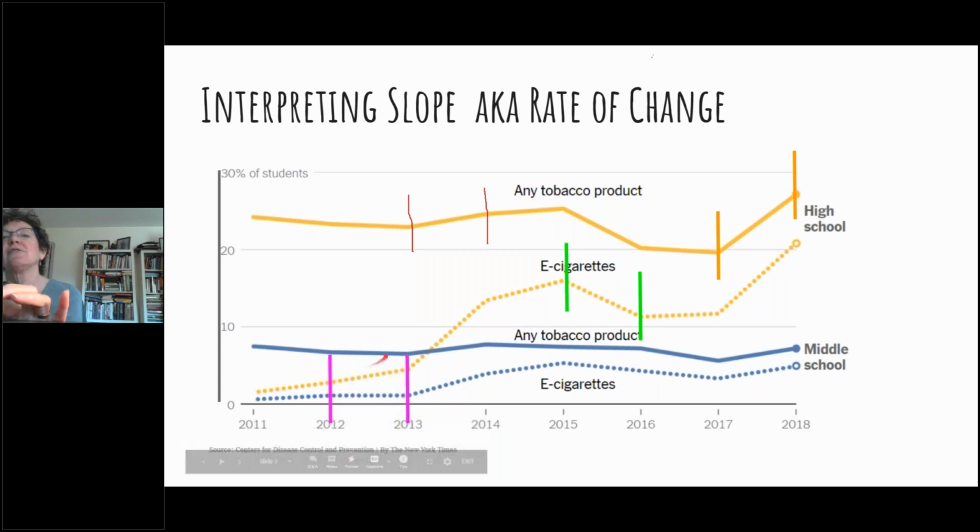It doesn't increase, it doesn't decrease, whereas this would be positive 7%, this would be negative 5%, and this would be 0. Beautiful. And that's what a 0 slope is. It's a horizontal line. It's showing me no increase.